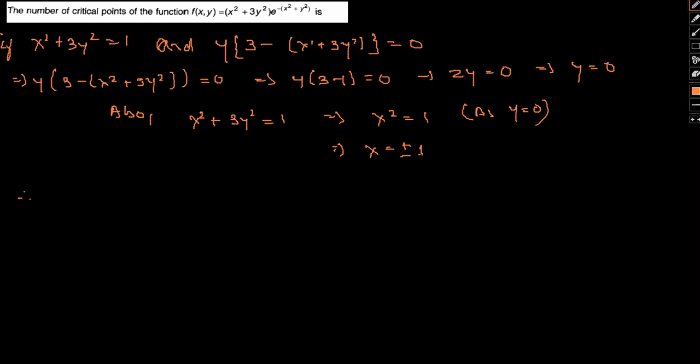So critical points are (1, 0) and (minus 1, 0).